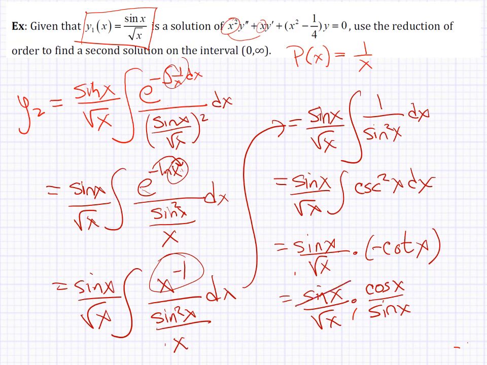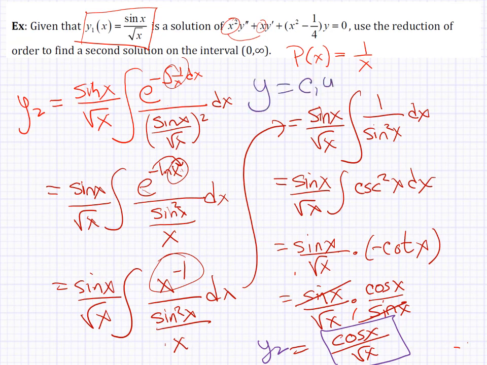We could then cancel the sines and finally get our second solution to be cosine x over square root of x. So there's your second solution. That's y2. Once we have our second solution, our first solution, we could then say the general solution is c1y1 plus c2y2, and come up with that by filling in y1 and y2.